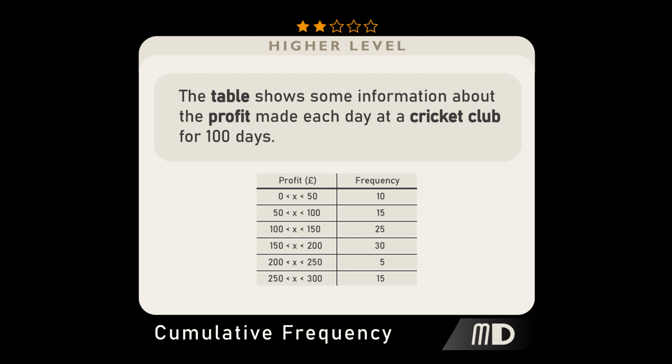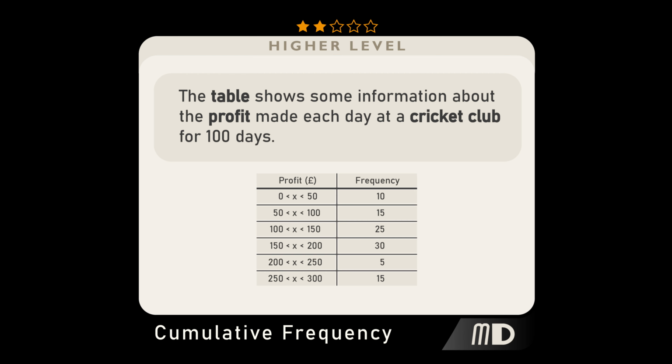This is the first part of a 4-part question. We've been given a table of data representing the profit made each day at a cricket club for a period of 100 days, and asked to complete the cumulative frequency table.